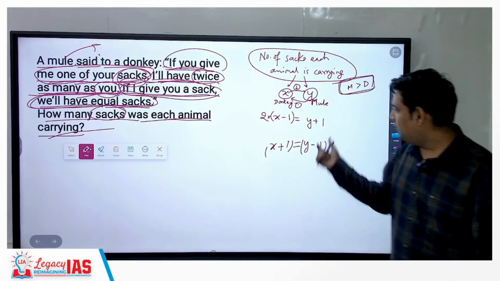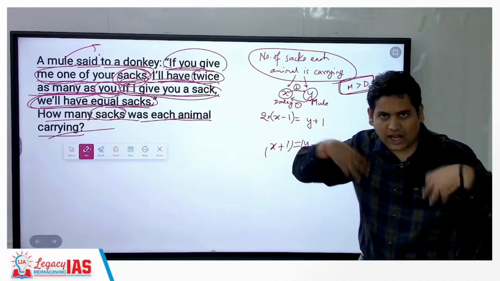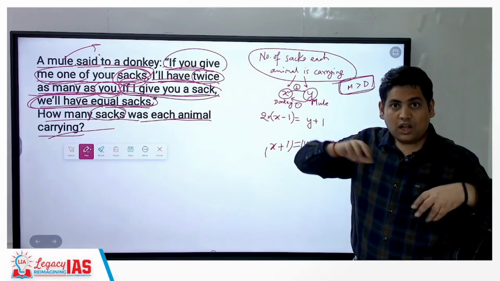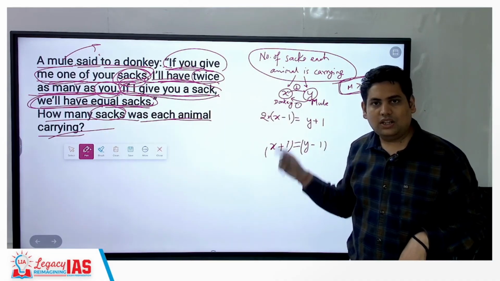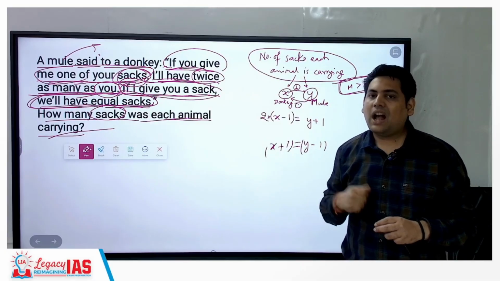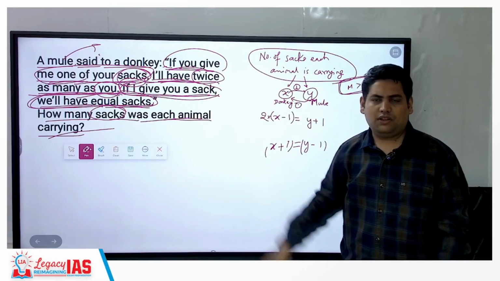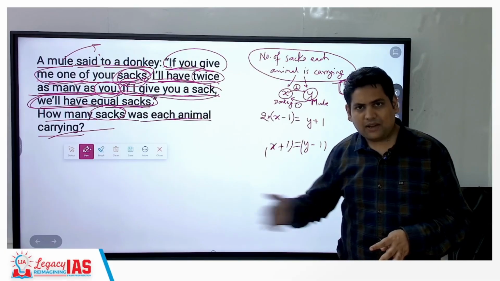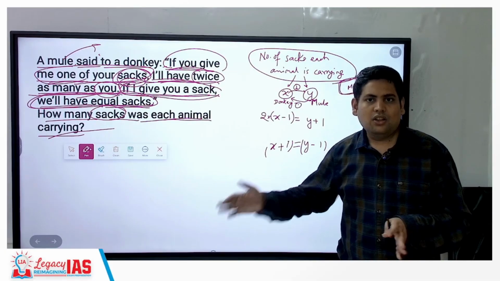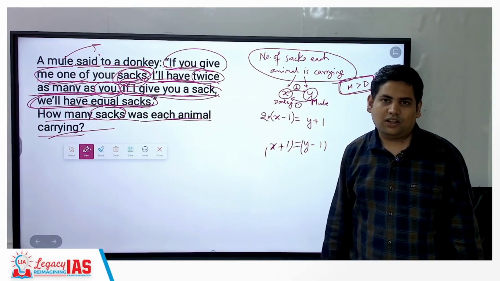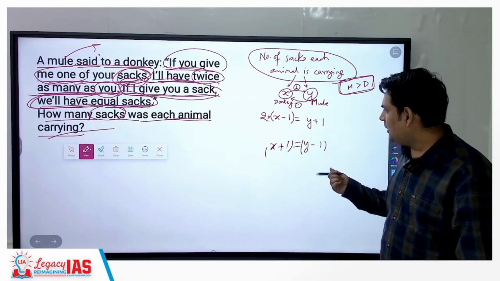Understood? In the first one, he was saying that already I have more. If you give me one more, I'll have twice as many as yours. In the second sentence, he says if I give you one, then we'll have equal. Because I had more, now my number decreased, yours increased, so somewhere we'll have equal. Understood? These are your 2 equations.